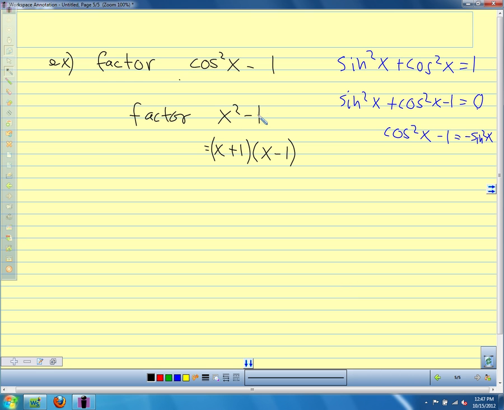We need two numbers that multiply to negative 1 and add to 0. Well, this is the exact same problem, but instead of x, we just have a cosine of x. So I can write this as cosine squared x minus 1 equals cosine x plus 1 times cosine x minus 1.